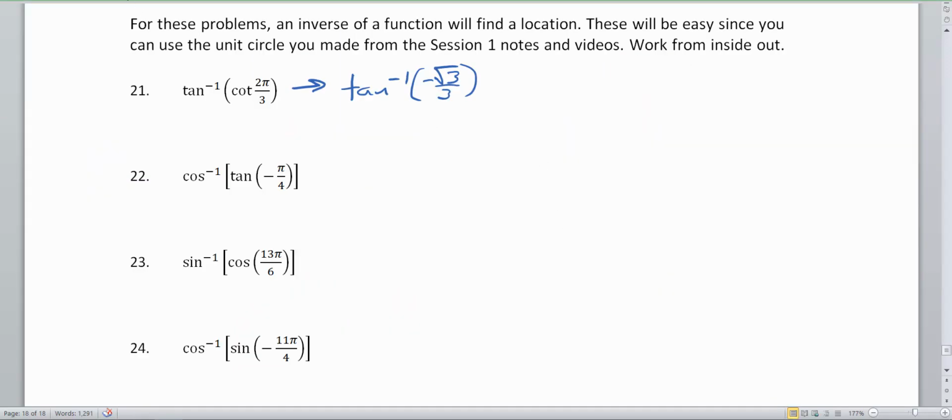Now, before you get happy and write down 11 pi over 6, you can't leave your answer that way. You might be thinking, why? The reason is that 11 pi over 6 is not technically within the fourth quadrant. Now it is in the fourth quadrant, but to get to 11 pi over 6, you have to go whoop, to get there.